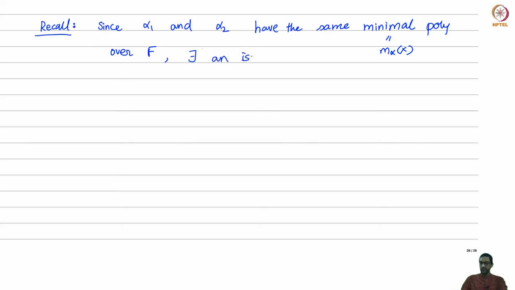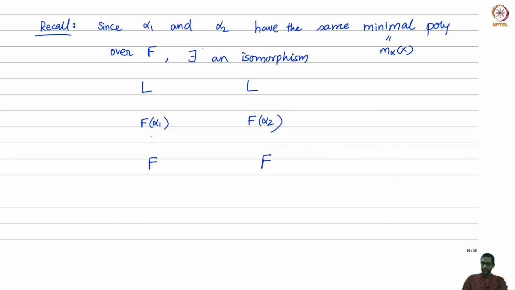isomorphism of fields, from where to where? From F adjoin alpha 1 to the field F adjoin alpha 2. You can think of this symbolically. Think of all this sitting inside L, for example. For the moment forget K. So there's F here.